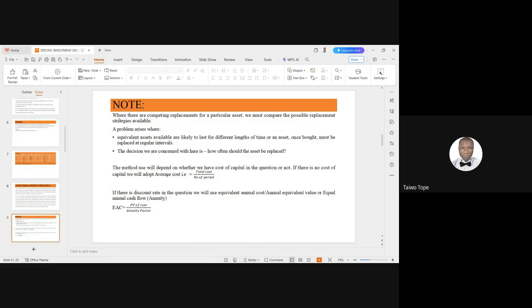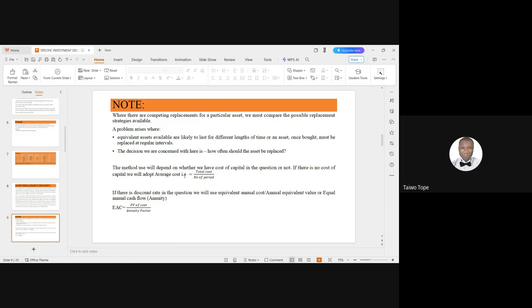You must note that where there are competing replacements for a particular asset, you must compare the possible replacement strategies. A problem arises where equivalent assets available are likely to last for different lengths of time, or an asset once bought must be replaced at regular intervals. So the decision we are concerned with here is how often the asset should be replaced. The method used will depend on whether we have the cost of capital in question or not.